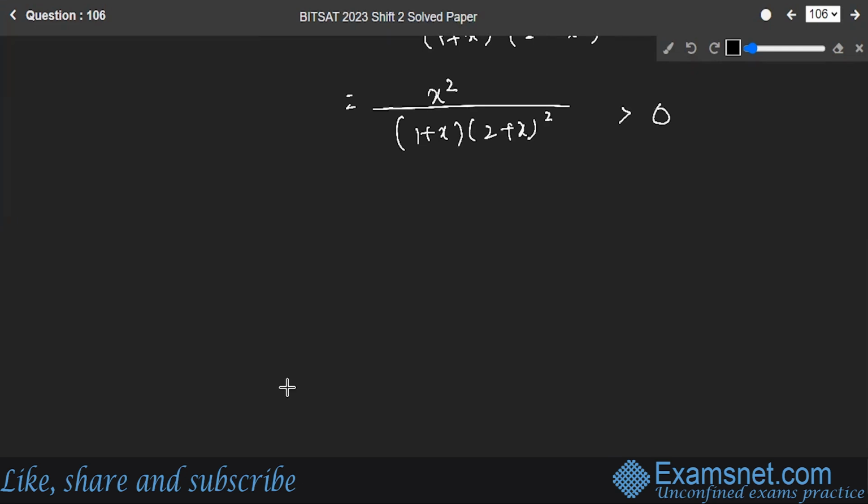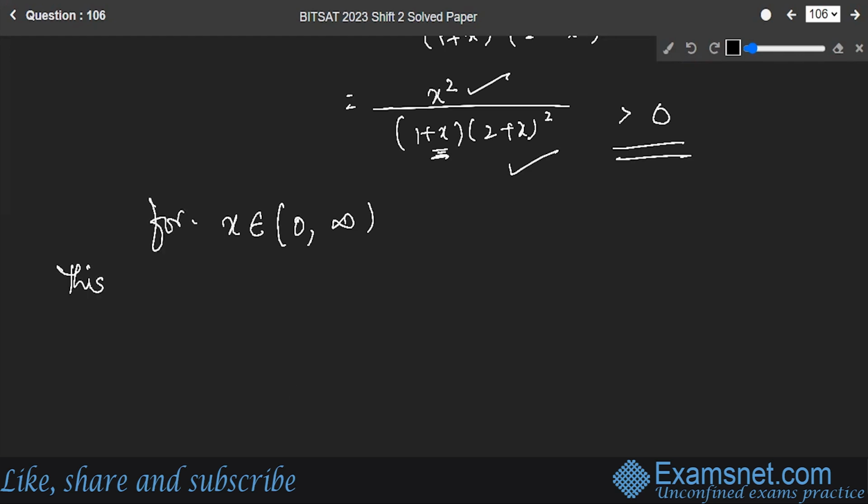See, this is definitely greater than or equal to 0 if x is positive. This is positive always, and this is always positive because these two things are squares. So for x greater than or equal to 0, x cannot be a negative number, therefore from 0 to infinity, this is always increasing.